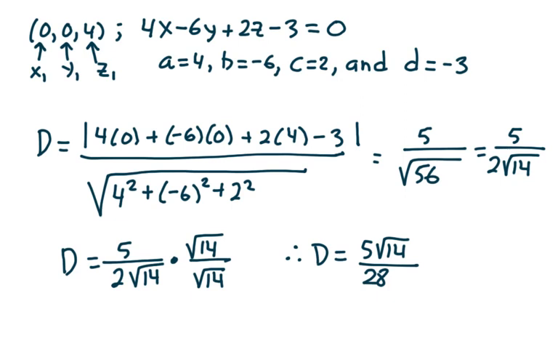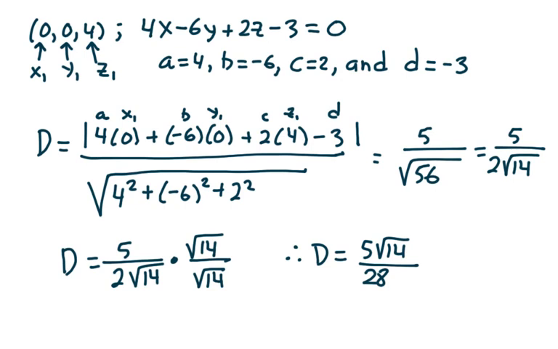So again, if you notice, a is 4, x sub 1 is 0, b is negative 6, y sub 1 is 0, c is 2, z sub 1 is 4, and then d is negative 3.